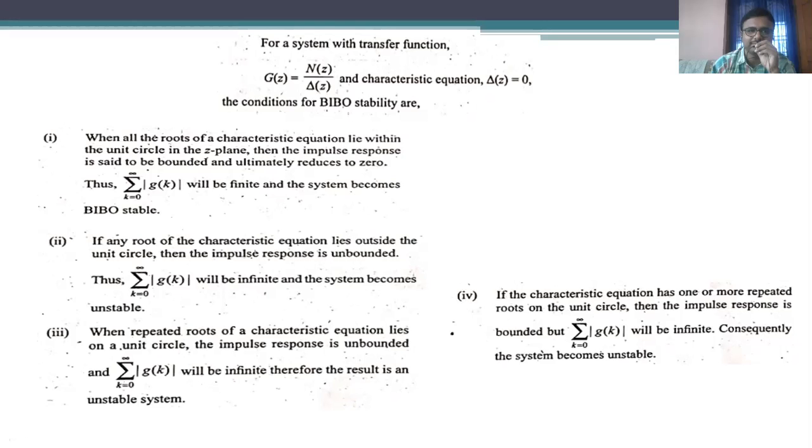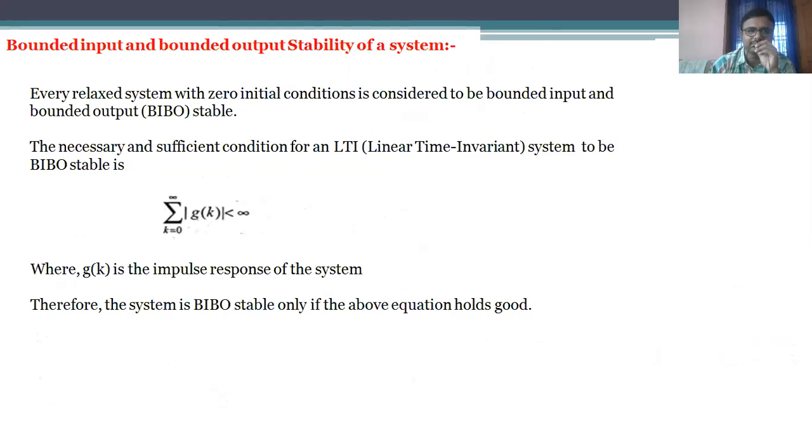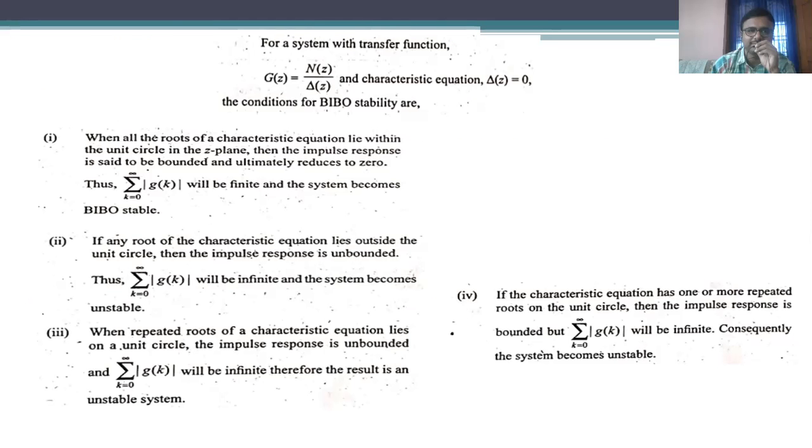Okay, so these are the different conditions for the system to be bounded input and bounded output stable.